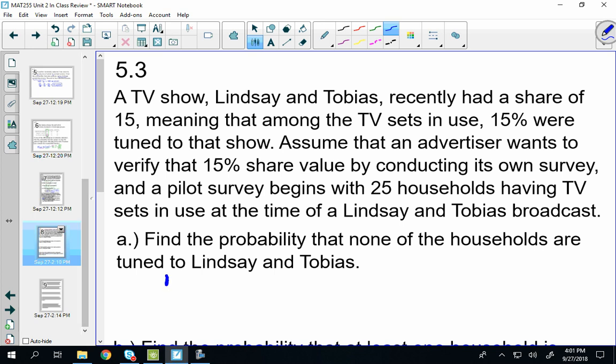So in this case, our N is 25 because we're looking at the 25 households. The probability of success, saying that they are tuned into this TV show, is 0.15. Our probability of failure is 1 minus that 0.15, so that's 0.85. And in this case, because they're asking us none of the households, our X is going to equal 0.